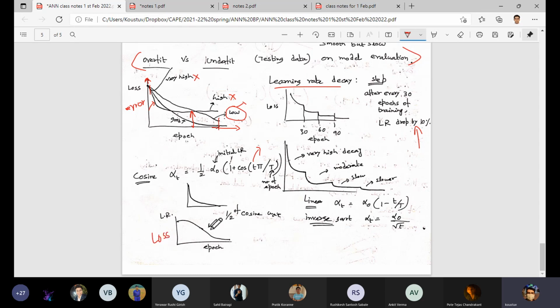Therefore we are giving this kind of cosine learning rate schedule. So alpha t, which is the schedule of the learning rate values, is a function of the initial learning rate, the number of epochs and time progress, so that the error function almost comes to zero after a certain number of epoch calculations.